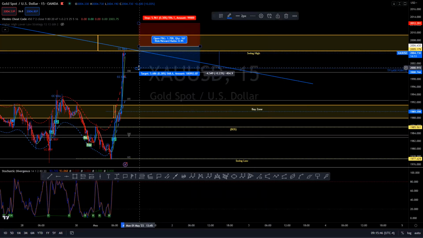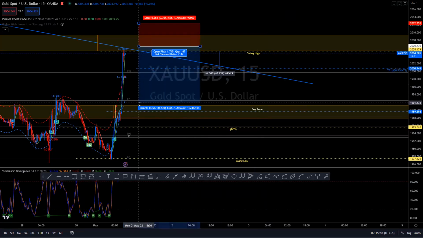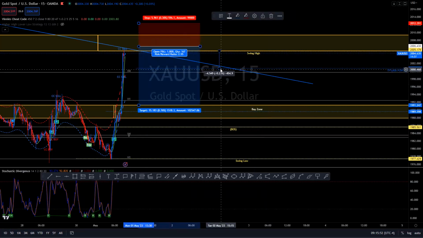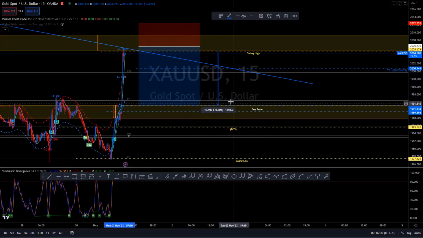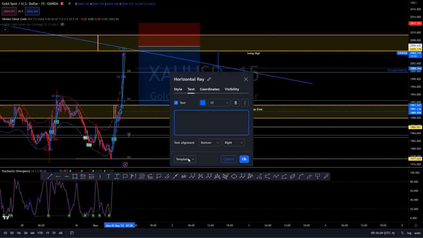And then ultimately get all this liquidity down here. So this is going to be at least TP2. I'll just say over 1,300 points.